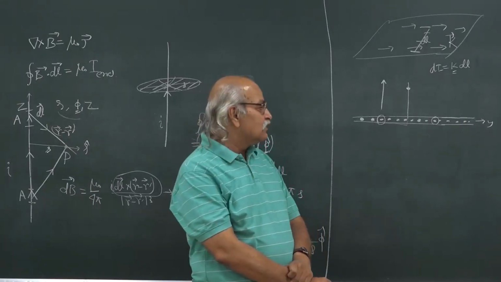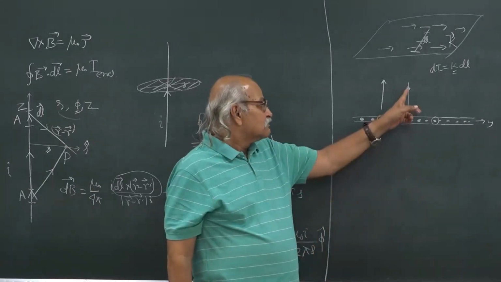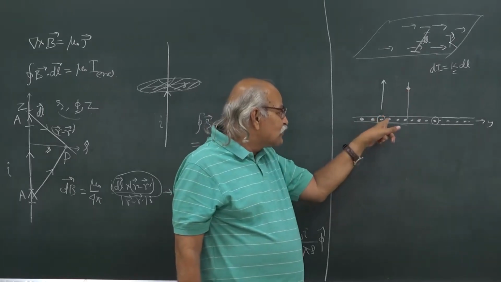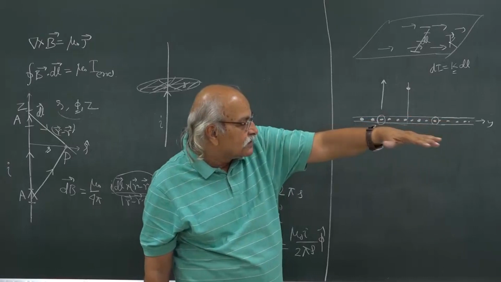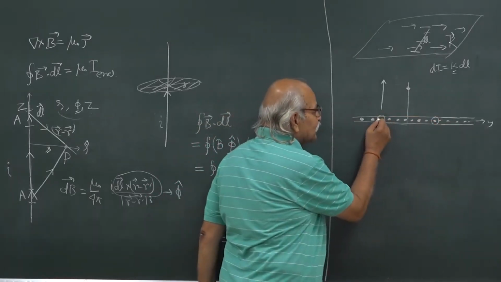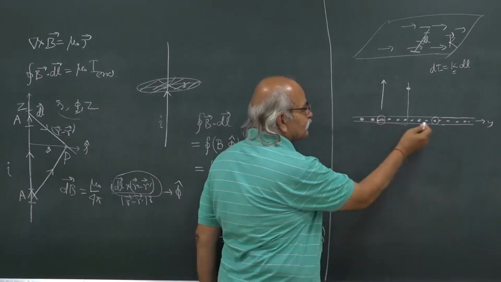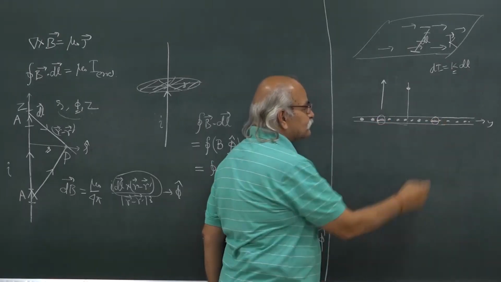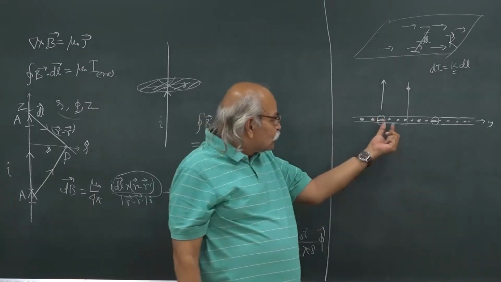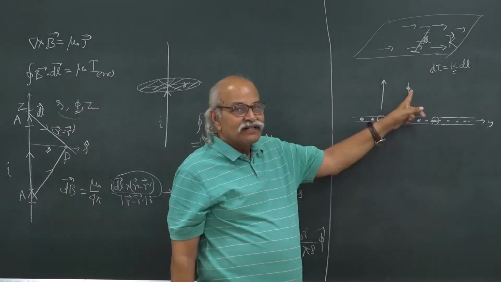Now, what is the magnetic field due to this current? It is not isolated wires. On this entire surface you have current. So, when I am writing this, I mean something like some small width here and some small width here. With this much strip of current, what is the magnetic field here?